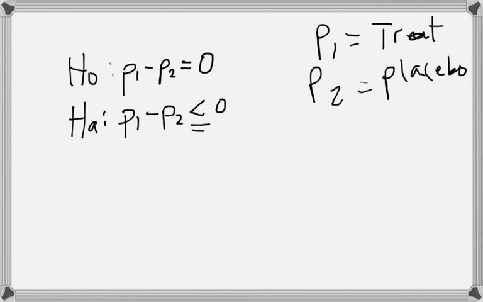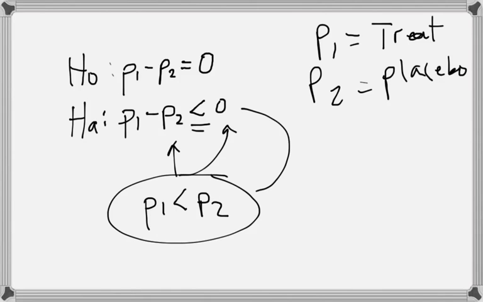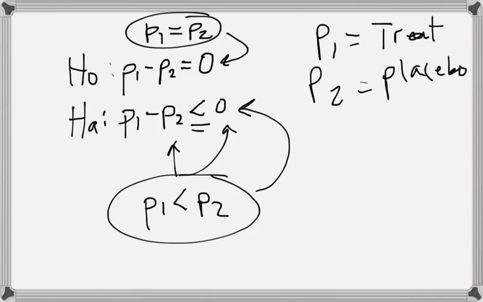Let me go back to my picture. Look at this alternative. If you take that and put P2 on the other side, that would be P1 is less than P2. Another way I could write this is P1 minus P2 is less than 0.